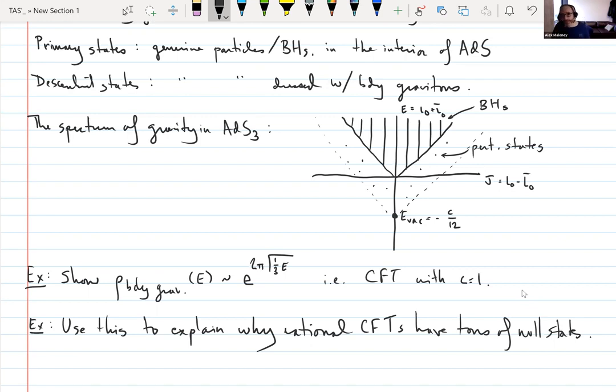Roughly speaking, a rational theory is one where the number of descendants of the vacuum violates Cardy's formula, which means there have to be lots of null states in the theory.